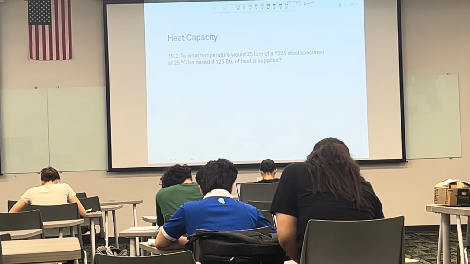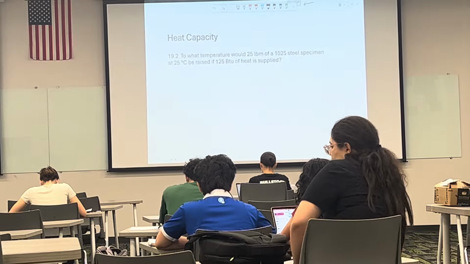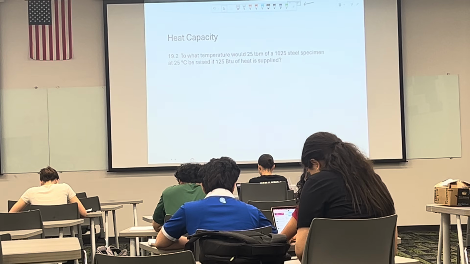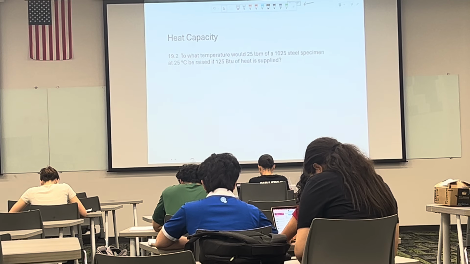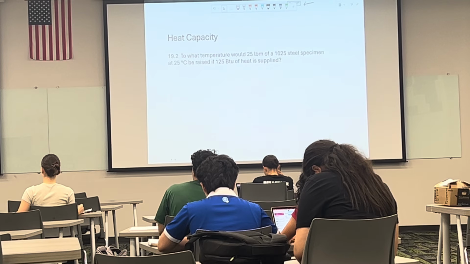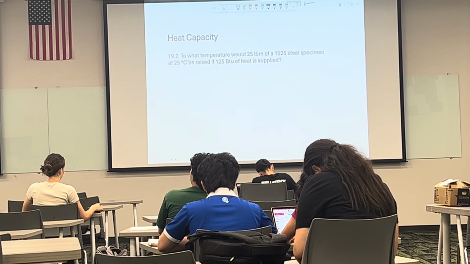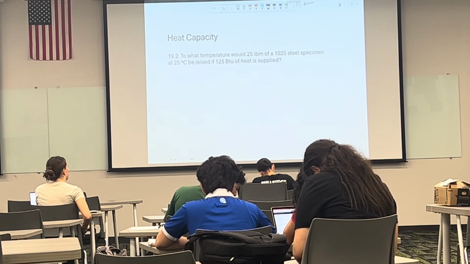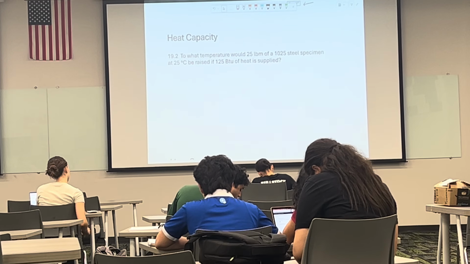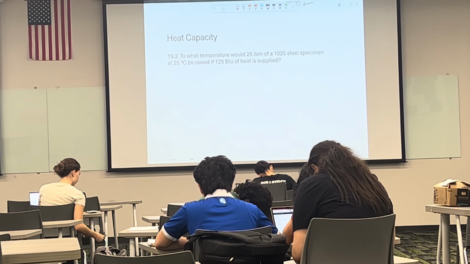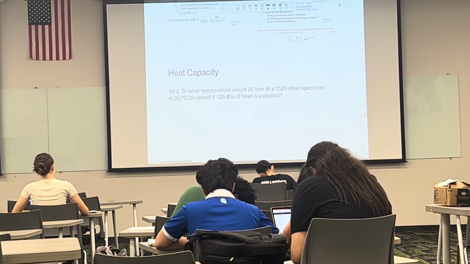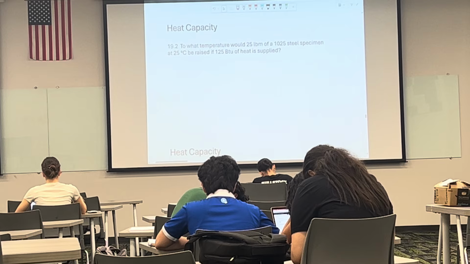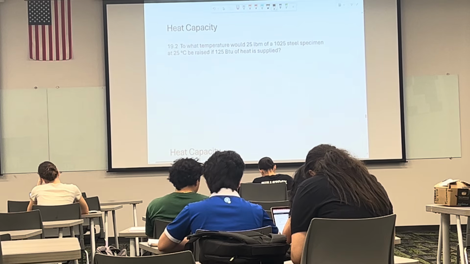So for this problem, 19.2, they're asking us to determine the temperature to which 25 pound-meters of steel at 25 degrees Celsius, or room temperature, would rise if 125 BTU of heat is supplied. The first equation was not in the slides, so I'll write it in the box for you guys.